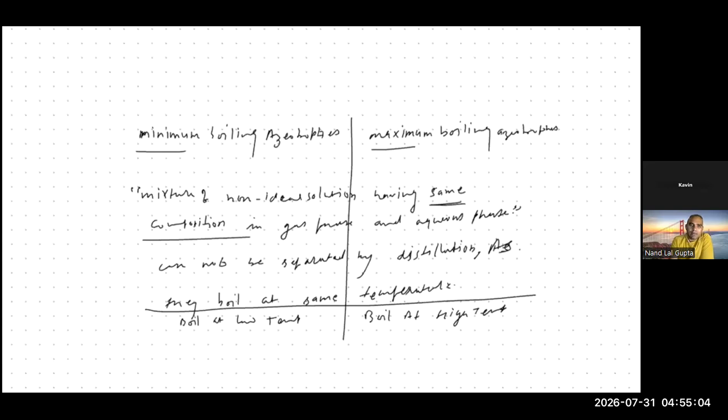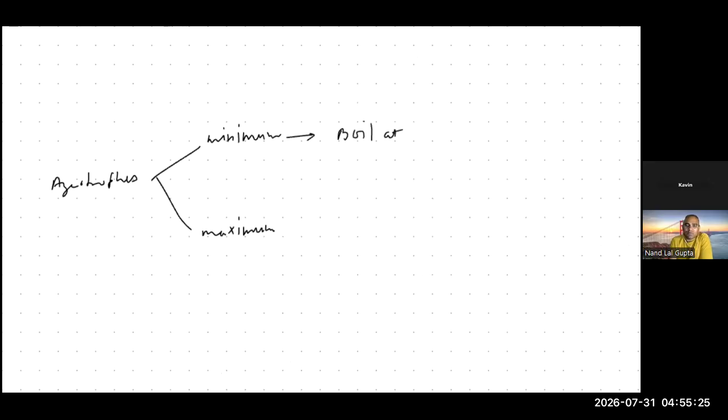So let us have a look at it. Azeotrope: one is the minimum, another is the maximum. Minimum means it boils at low temperature. Tell me, if anything is boiling at low temperature, is it vaporizing easily or with difficulty? Very easily.